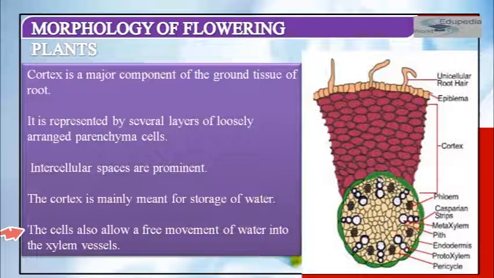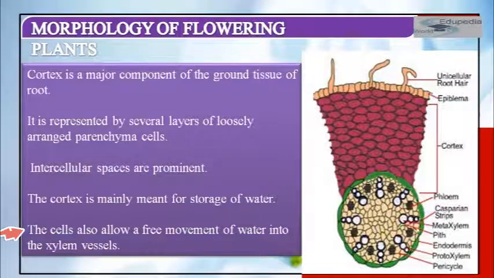Now where is xylem? This is xylem, students. This is phloem, this is xylem, this is phloem, this is xylem, and this is the connective tissue, also known as conjunctive tissue.